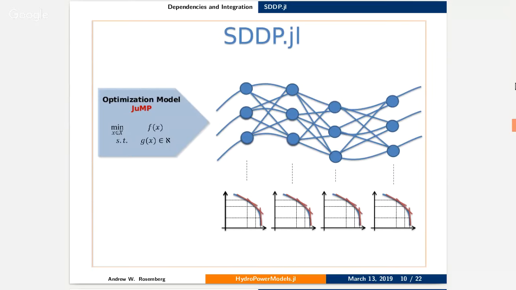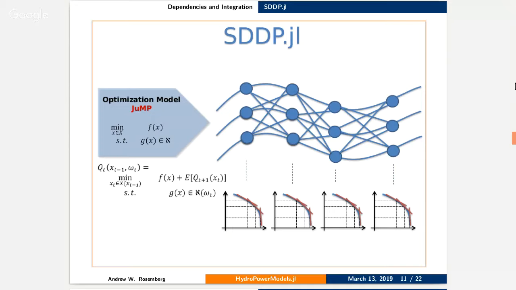And SDDP, once we get the hydrothermal dispatch optimization problem, we pass it to SDDP, which uses it to define one of the subproblems from our multi-stage problem. Well, the only difference from the problem we had before is that we now have a future cost function, which is the relationship from one subproblem with the next stages.